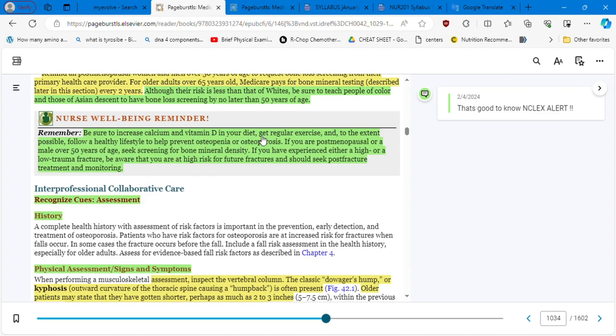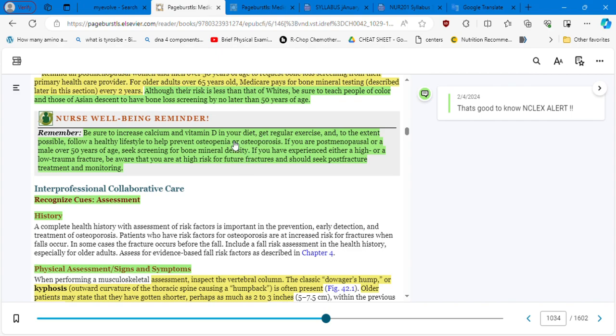I've been mentioning this for two chapters also. So the estrogen, postmenopausal factor, vitamin D, calcium, it's going to come in the test. It's not possible that you can fail that question, okay? Because we repeated this over and over again.